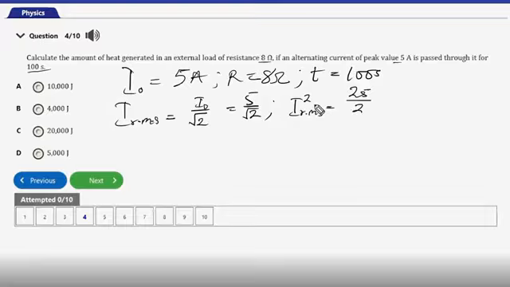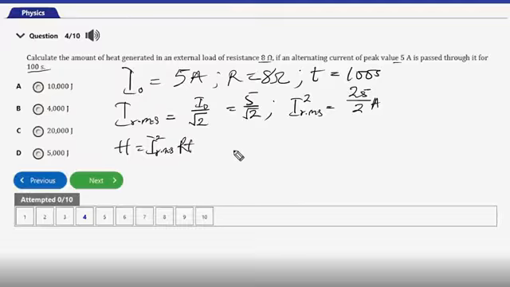So remember that this is in amps. Also recall that the heat here will be the square of I root mean square times the resistance times the time.